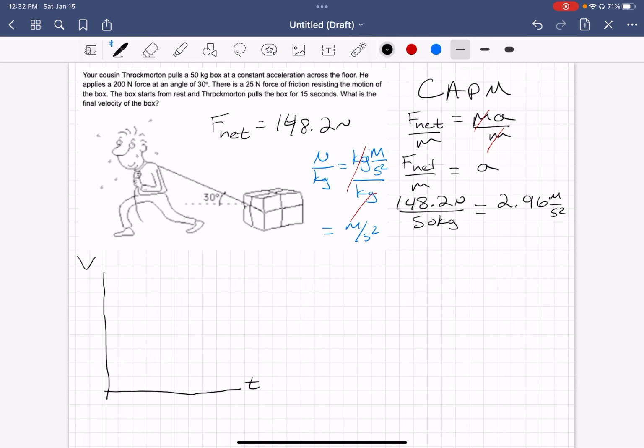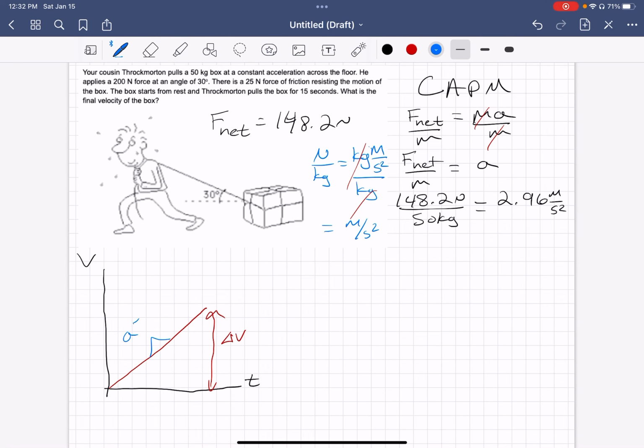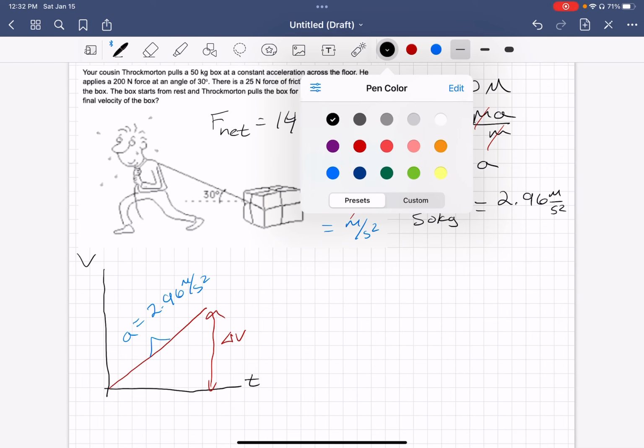The next thing I'll do is sketch myself a velocity versus time graph. So this box starts with a velocity of 0 and then accelerates at a constant rate. So the rise on this graph is going to be my velocity, or my change in velocity. My slope will be the acceleration, which I know is 2.96 meters per second squared.